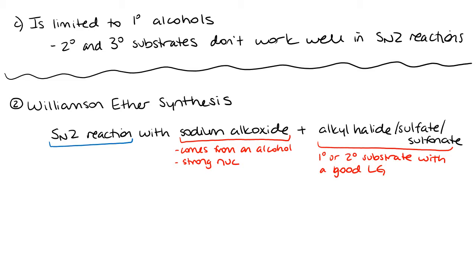So let's go ahead and take a look at the mechanism. Now this is a two-step reaction. In the first step, we will start with an alcohol, which we know is a weak nucleophile, and we're going to treat it with a strong base such as sodium hydride.